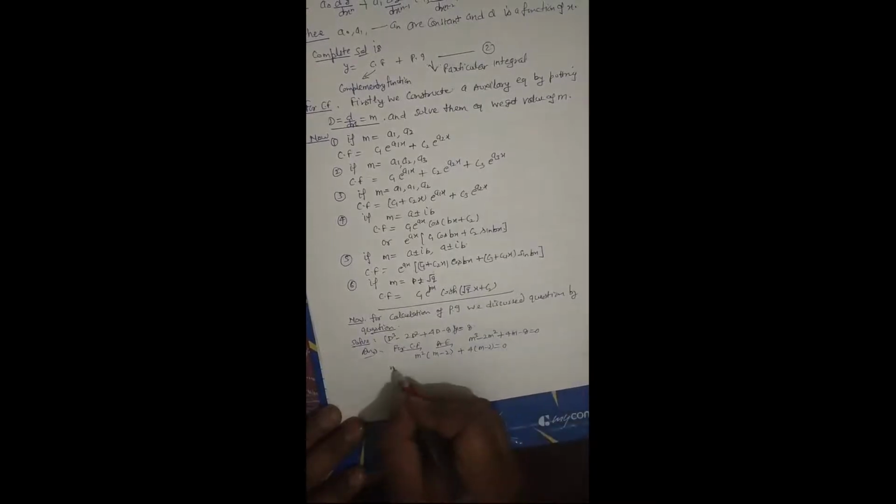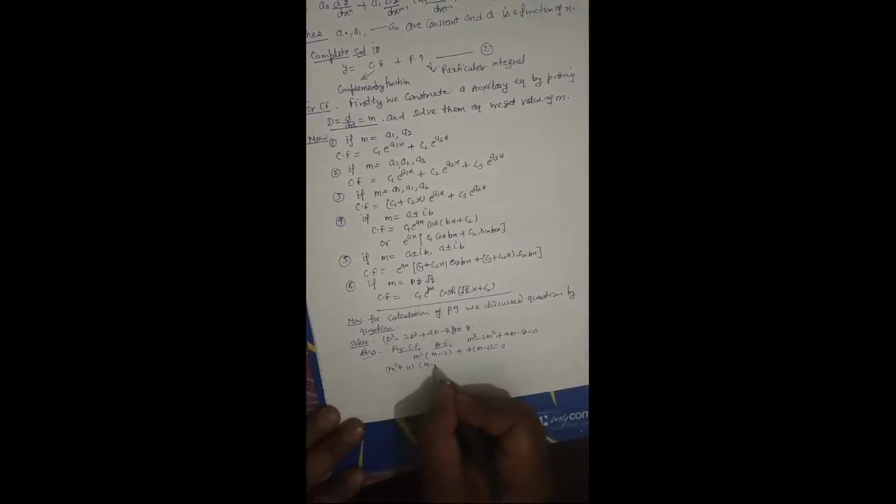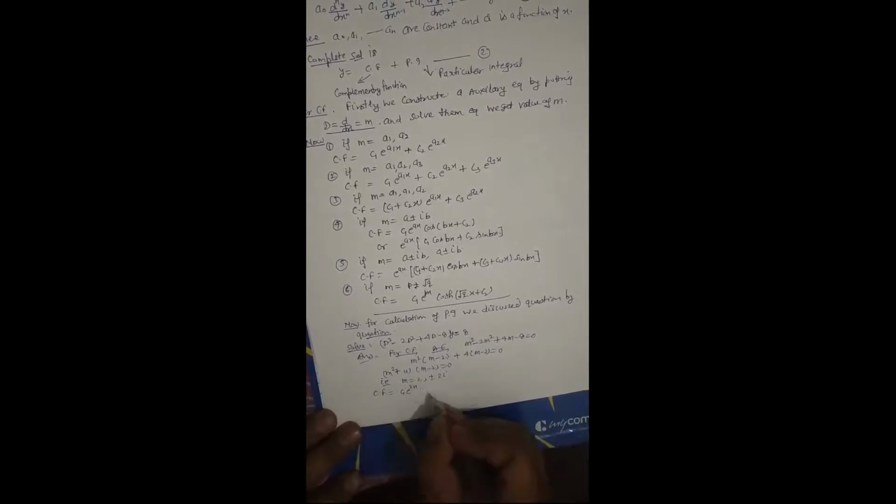Taking m^2 common, m^2 (m minus 2) plus 4 (m minus 2) equal to 0, so (m^2 plus 4)(m minus 2) equal to 0, which implies m is equal to 2, plus minus 2i. So CF is c1 e^(2x) plus c2 cos 2x plus c3 sin 2x.